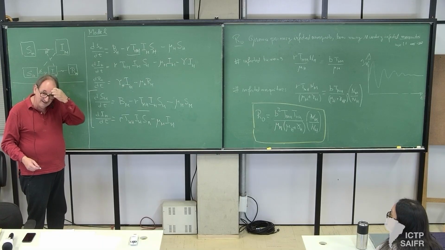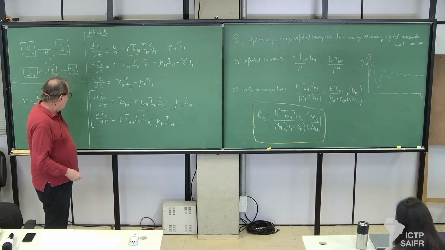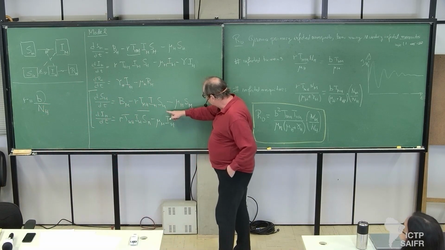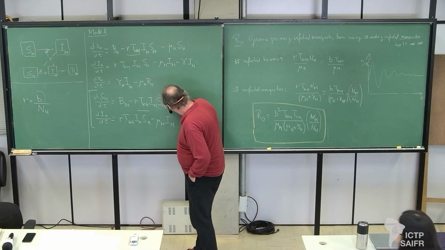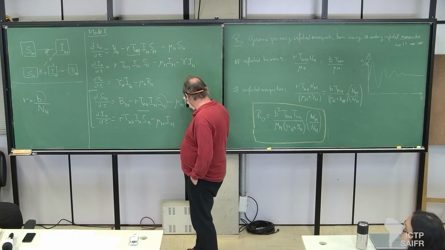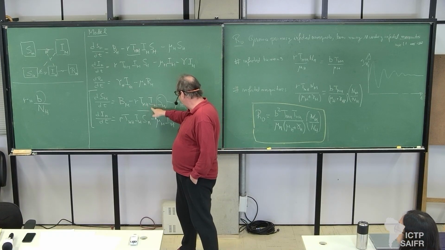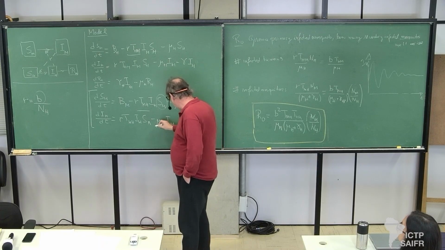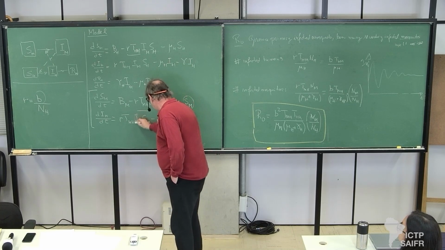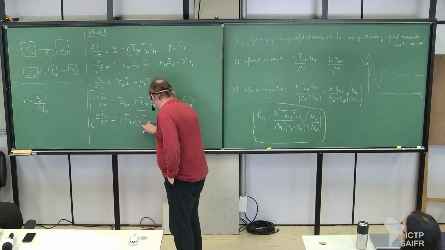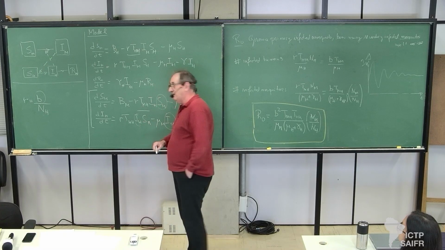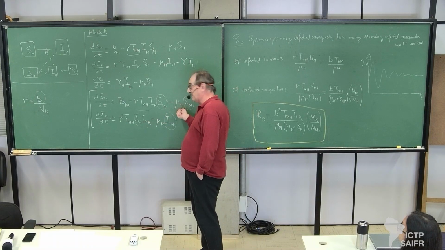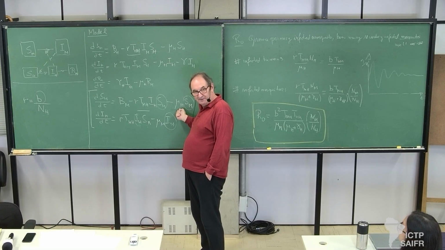Okay? So if I do this, I will have an equation where I can calculate the susceptible population of mosquitoes in terms of the infected number of humans. And I can calculate the infected number of mosquitoes in terms of the susceptible number of mosquitoes, which you calculated in the previous step.